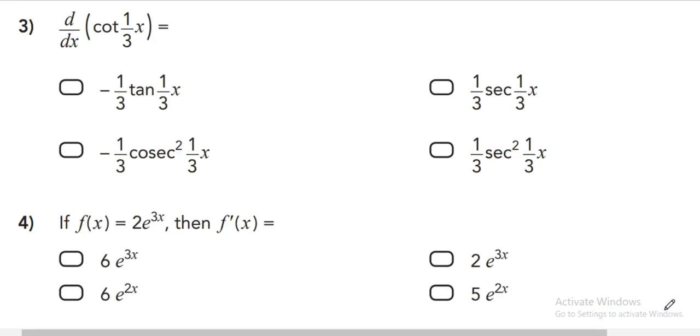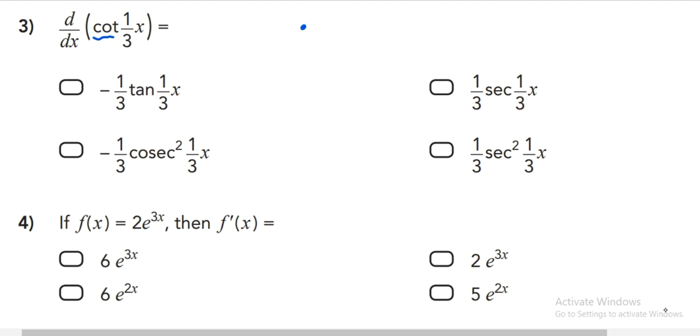Question 3. d by dx of cot of 1 over 3x. Here we want to differentiate a trigonometric function. We said before that differentiation of a trigonometric function is the differentiation of this trigonometric function multiplied by the differentiation of the angle.